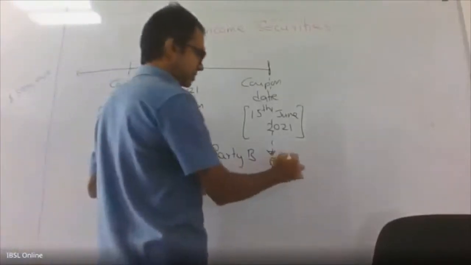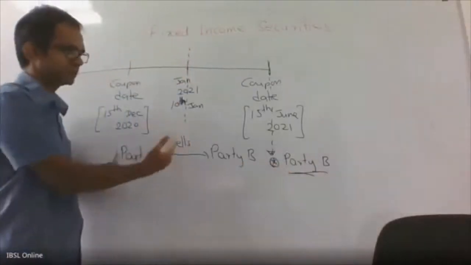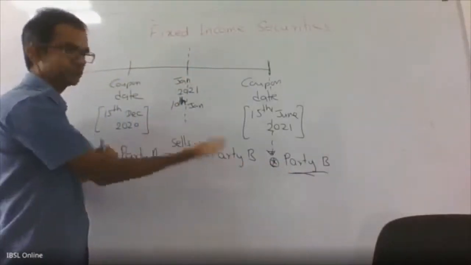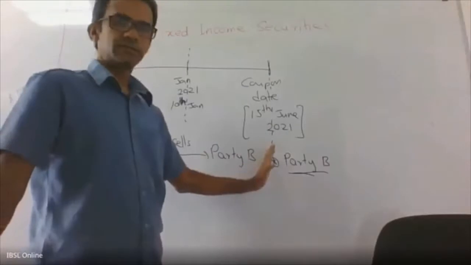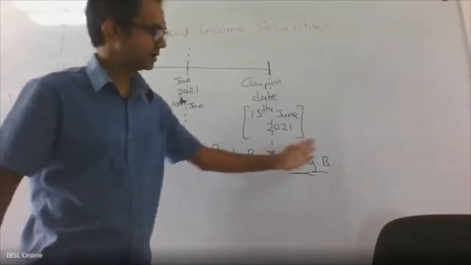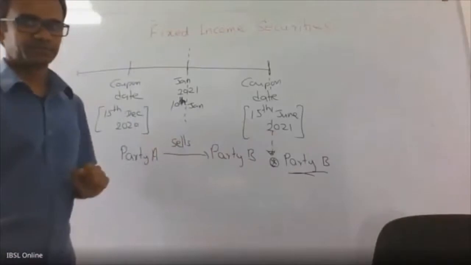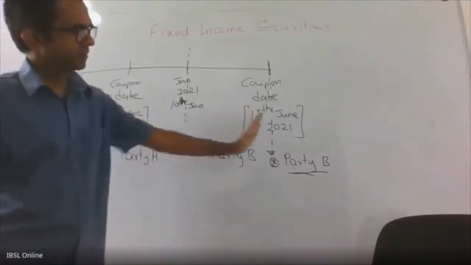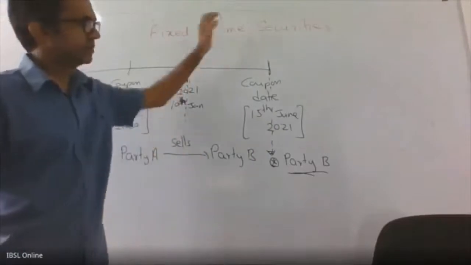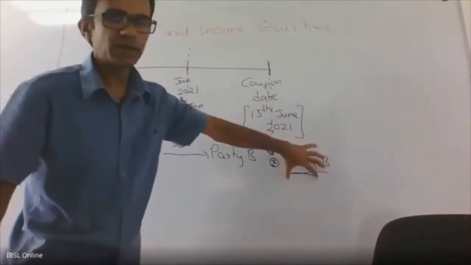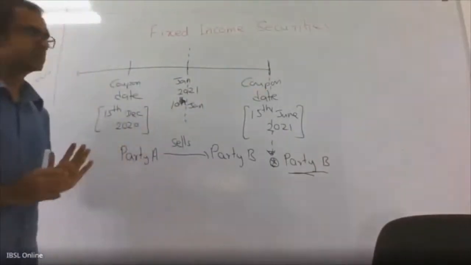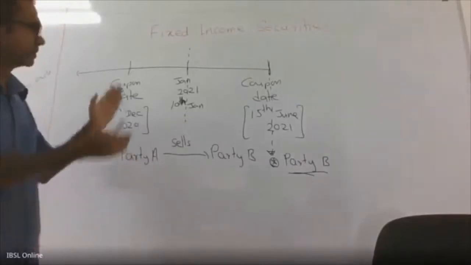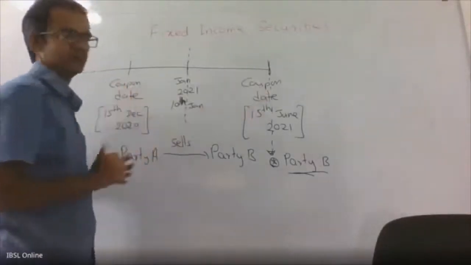Party B, because on 10th January the ownership has been transferred from party A to party B. By 15th June 2021, when the issuer checks his record, he sees party B, not party A. So on 15th June, the issuer will pay the coupon to party B, the interest for the whole six-month period.